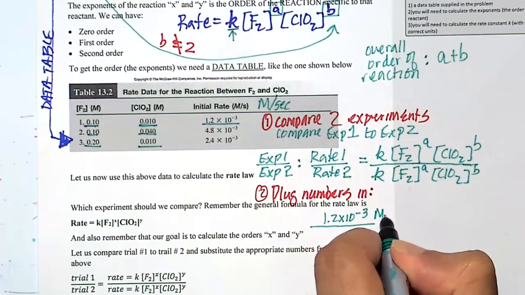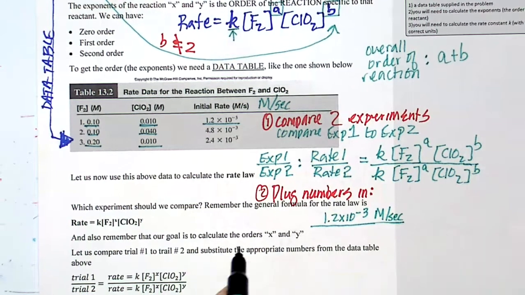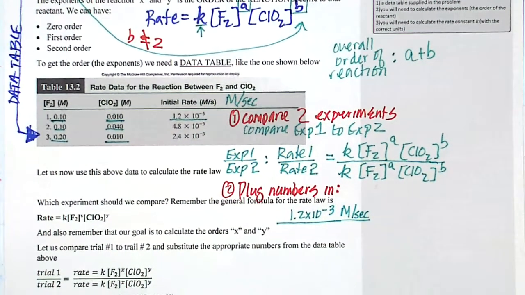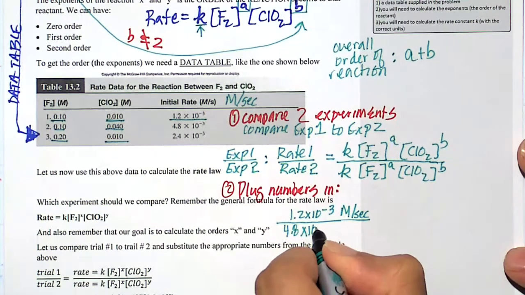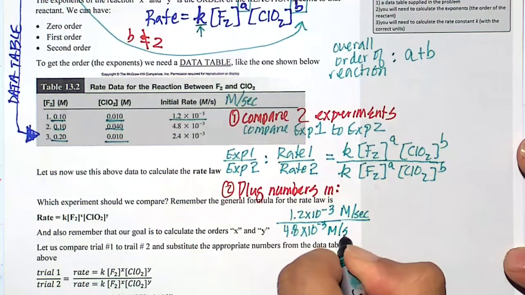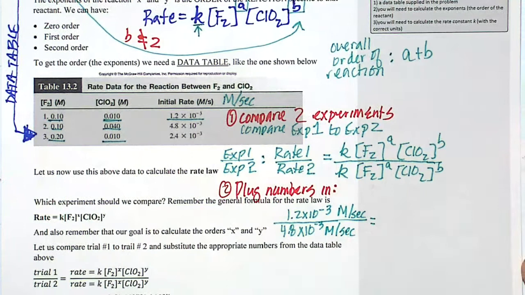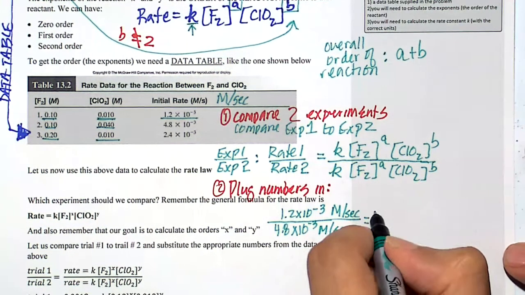Okay, I'll put the units in. Rate 2, everyone sees, is 4.8 times 10 to the minus 3. Equals rate constant K. We got to solve for that later.